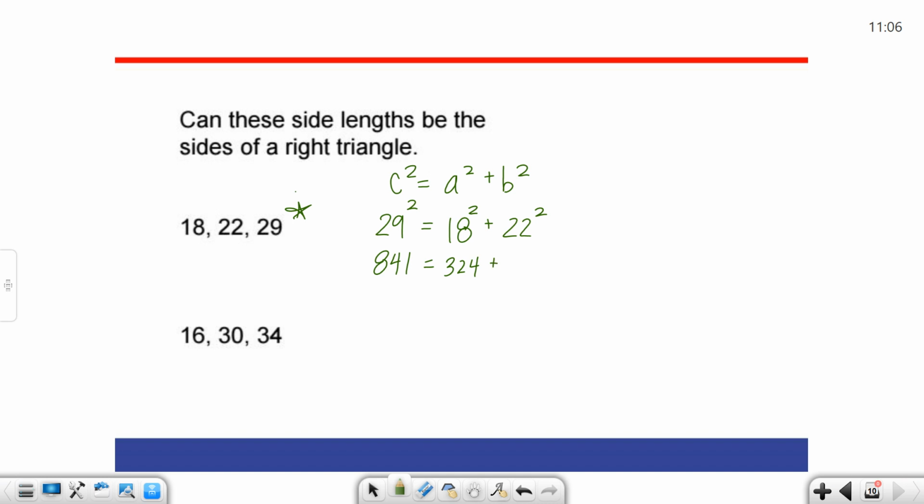And 22 squared is 484. If I add up 484 and 324, I get 808. These do not match, so this is not a right triangle.